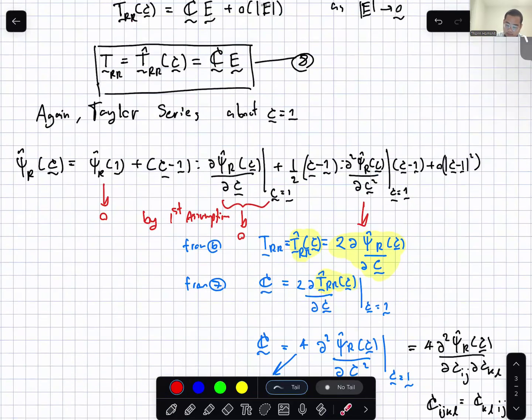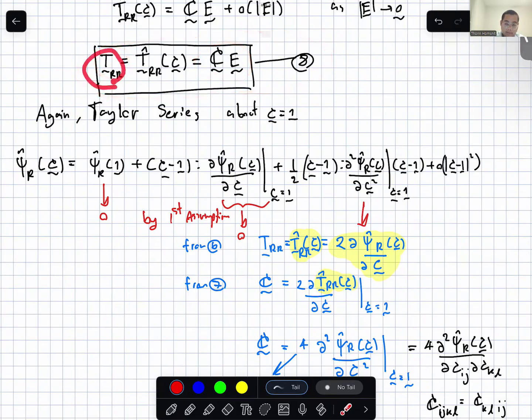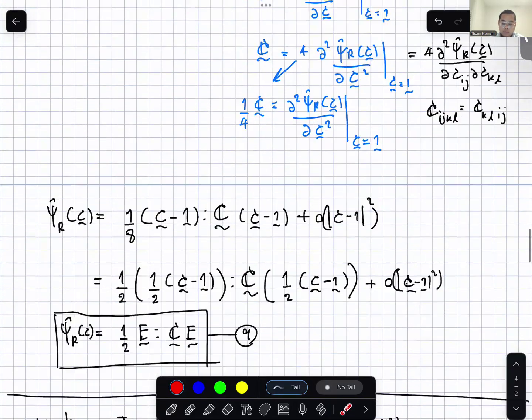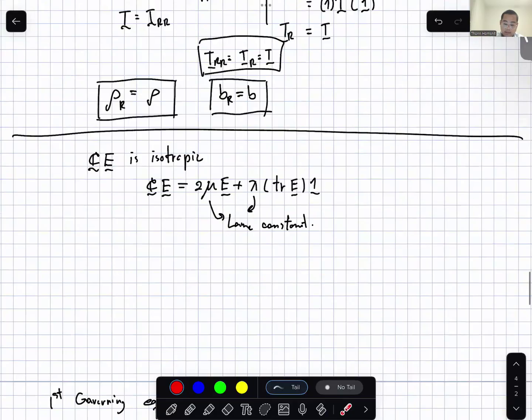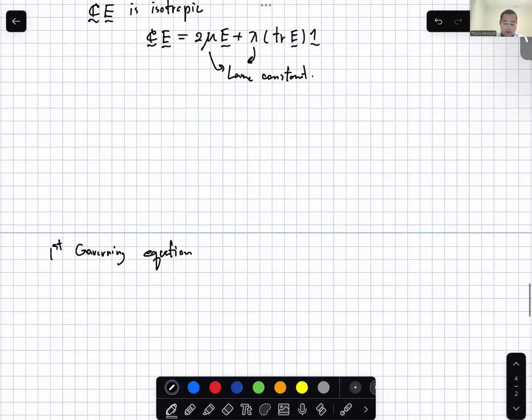From this one, we have that T_R is equal to the elasticity tensor times E, the Lagrangian strain tensor. And we know that T_R is also equal to T, right? That we derived just a second ago.